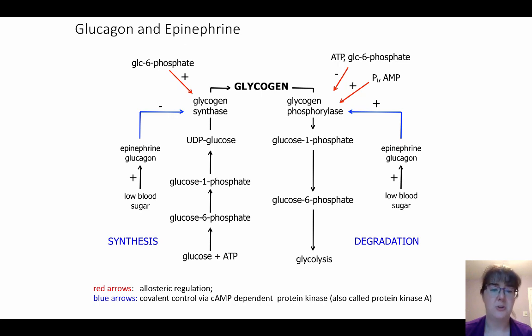The blue arrows are to show the covalent control via cAMP-dependent protein kinase, also known as protein kinase A. That protein kinase A is going to be activated by low blood sugar, which will then phosphorylate our glycogen phosphorylase, which will activate that. In that same way, that low blood sugar signal would still activate that protein kinase, but when we have low blood sugar, we don't want to make more glycogen, and that will then inhibit our glycogen synthase.